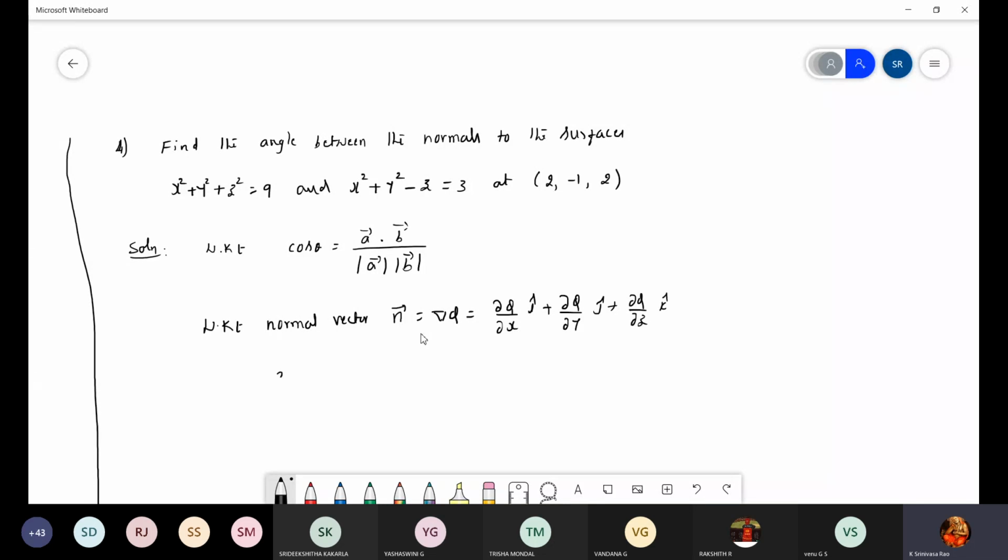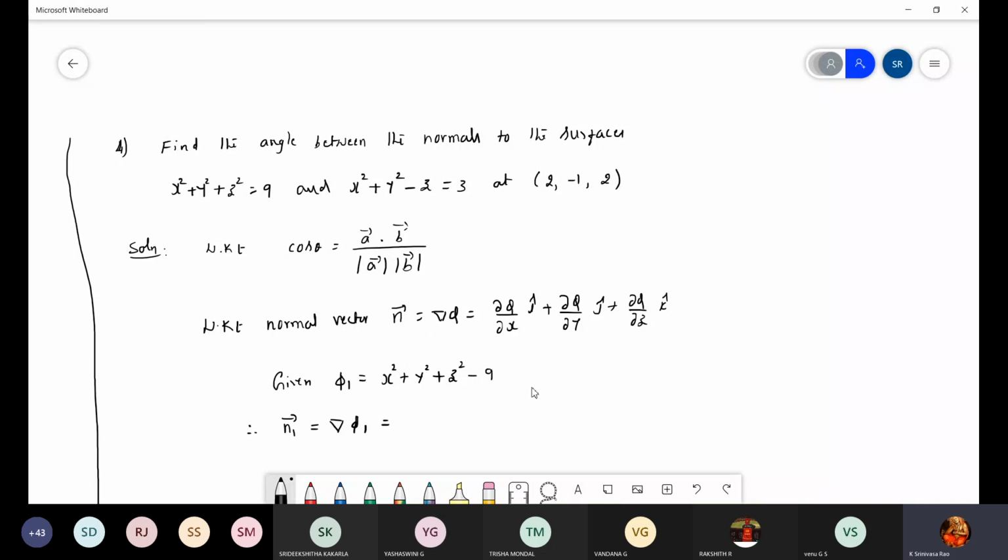Since two surfaces are given, take the first surface as phi 1, where phi 1 equals x square plus y square plus z square minus 9. Take the constant to the left hand side; in differentiation that 9 becomes 0. The first normal vector, for the first surface, is n1, so n1 equals grad phi 1.